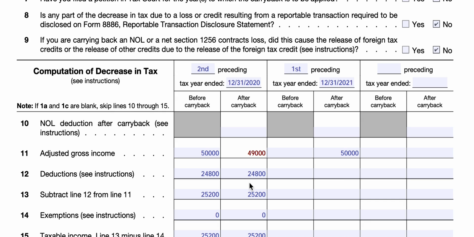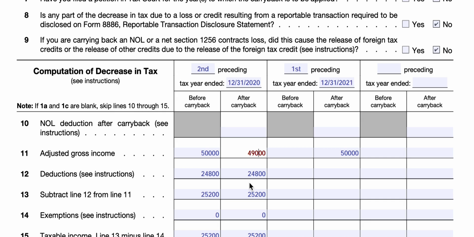And then you would also need to refigure any QBI deductions by going back to your Form 8995 or 8995-A and their related schedules. If the carryback year is a taxable year beginning after 2017 and before 2026, there is no limitation on itemized deductions.